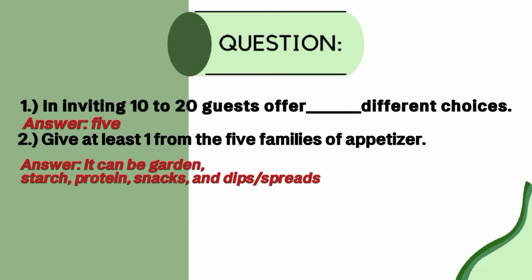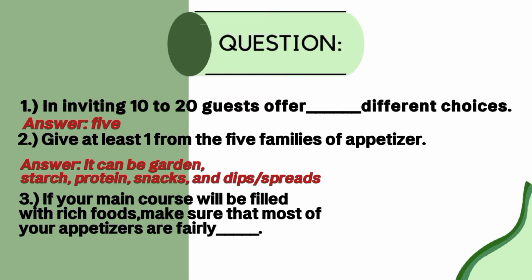The answer can be garden, starch, protein, snacks, and dips and spreads. And for number 3, if your main course will be filled with rich food, make sure that most of your appetizers are fairly blank. Just like before, please raise your hand if you want to answer. The correct answer is light and fresh.